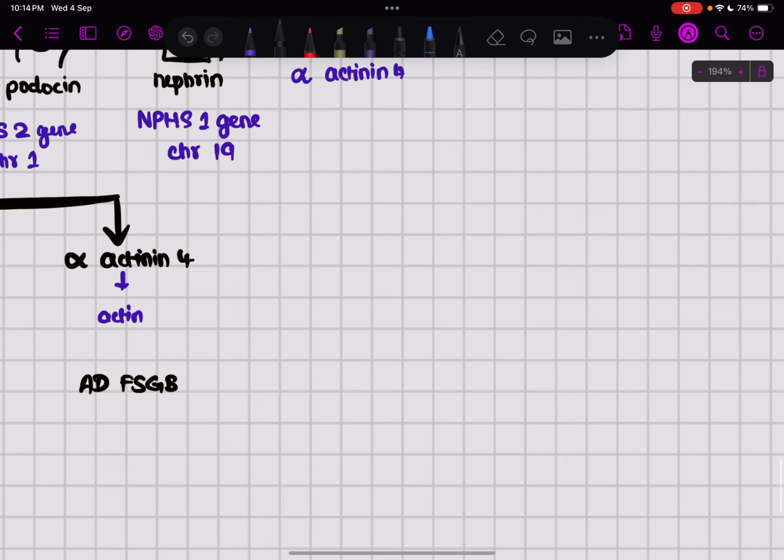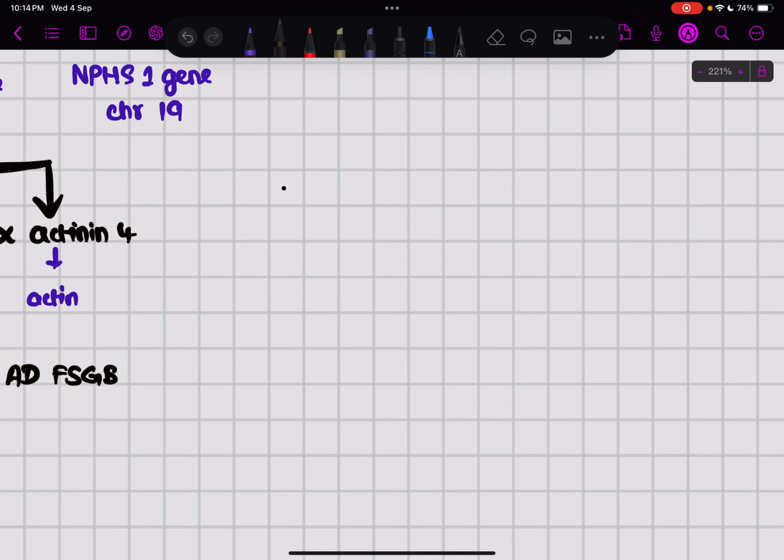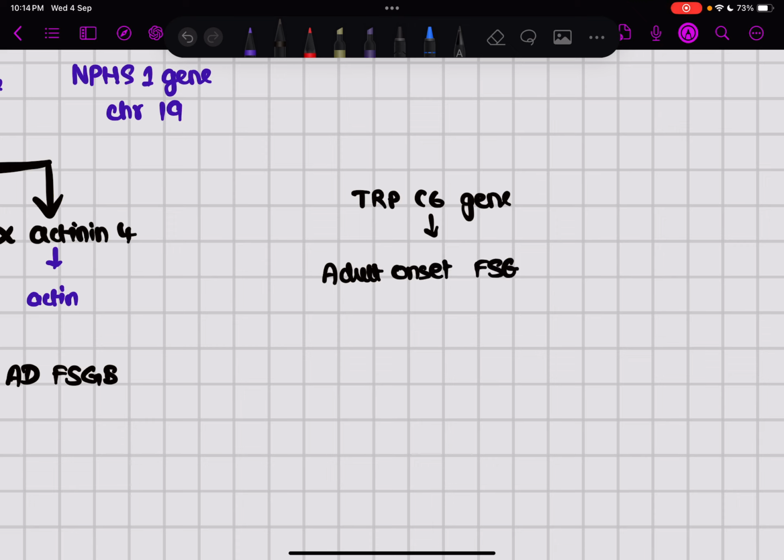And another gene has been given, which is the TRPC6 gene, whose defect produces adult onset focal segmental glomerulosclerosis.